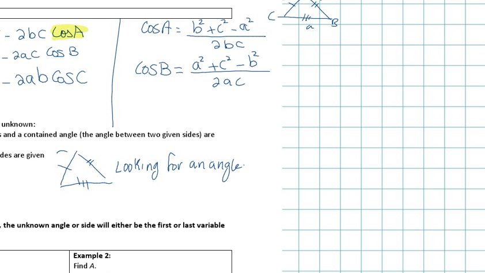And then cosine C equals A squared plus B squared minus c squared over 2ab. Yeah.